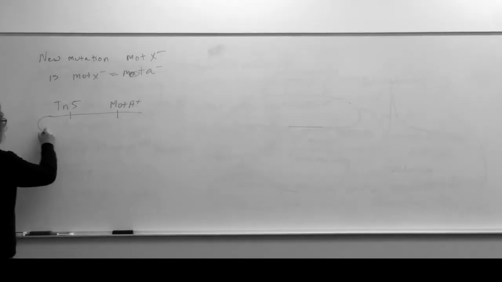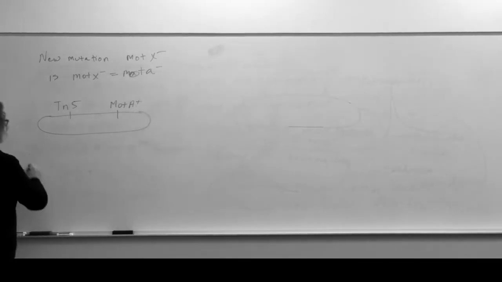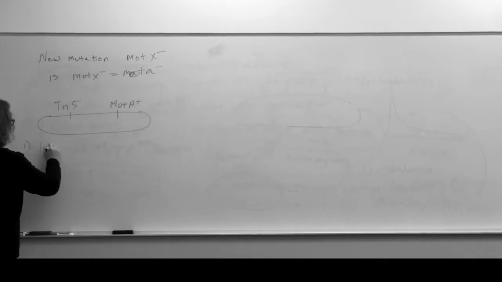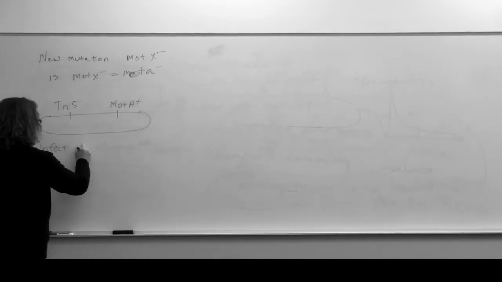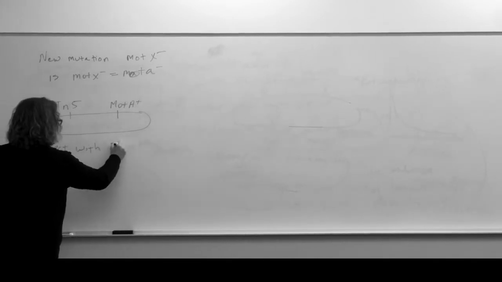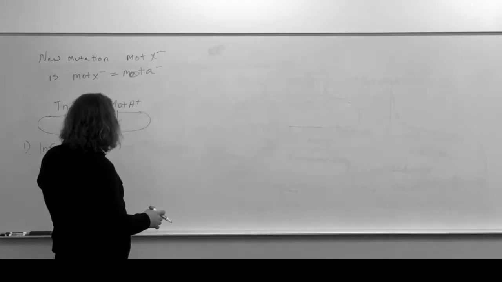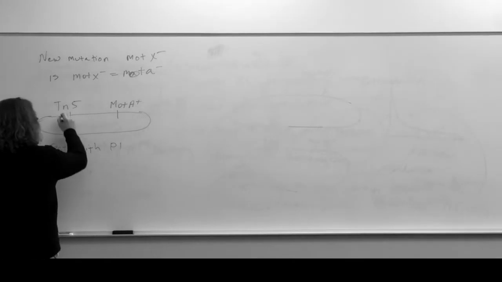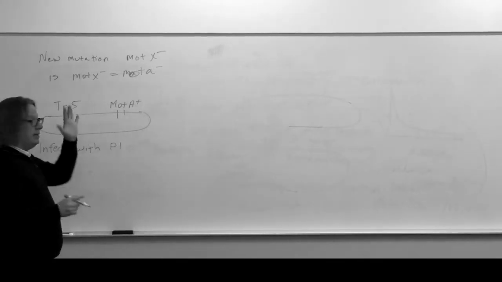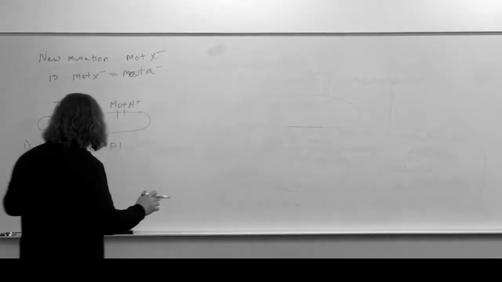So we're starting with this bacteria, and we will infect this strain with P1 so that we pick up lots of pieces of DNA, including a piece that contains TN5 and MOT A plus.